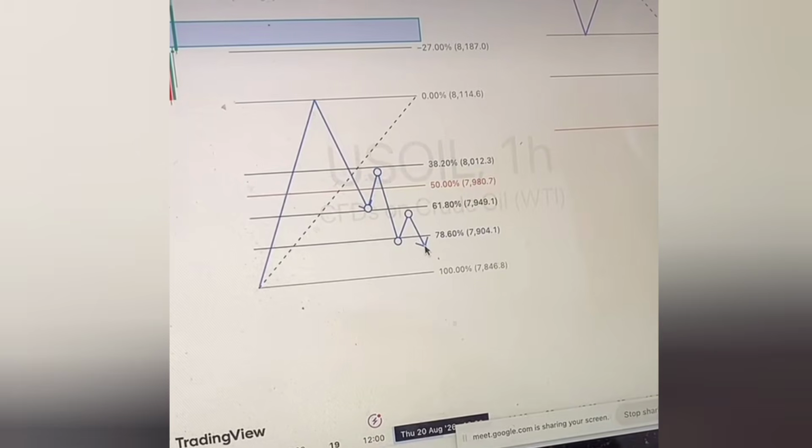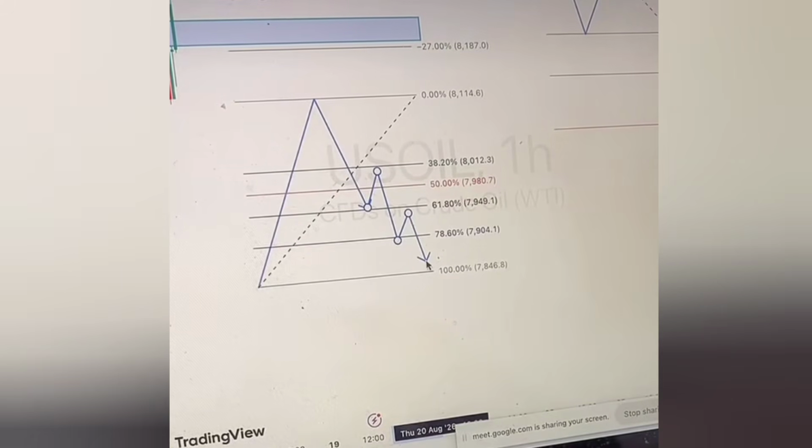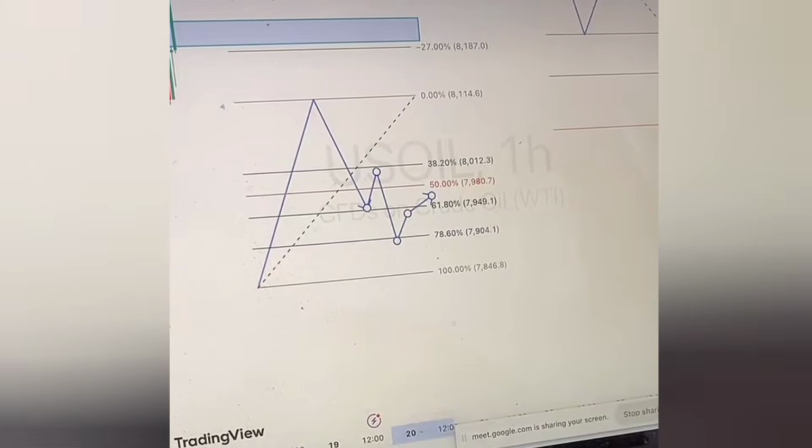Now that entire day, I don't know if your mind will be settled for you to trade well that day again. You'll be angry with yourself. Why did I enter the trade at 61? You will not be angry with the 78. You will say, I wish I knew, I wouldn't have entered the first entry. So that's how Fibonacci retracement works.